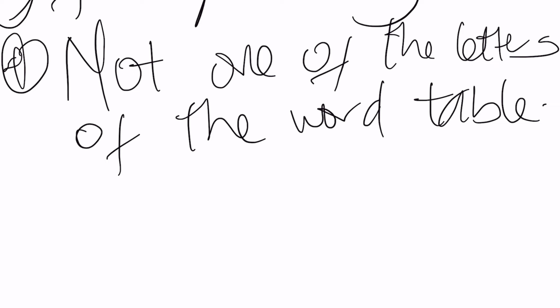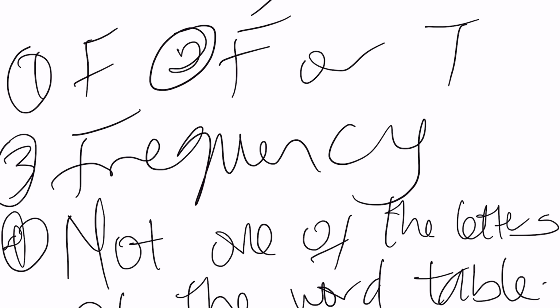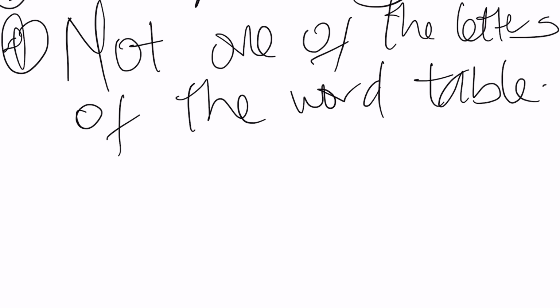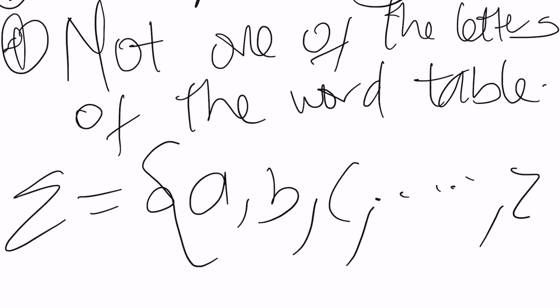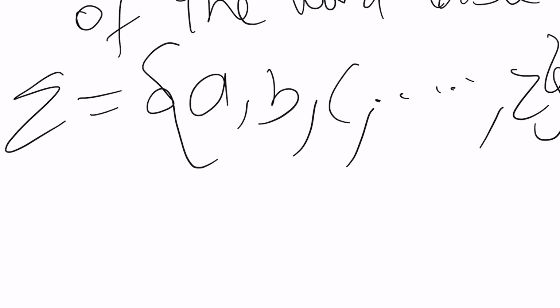Now to solve this, we have that a letter is chosen at random from the alphabet. So we have the alphabet to be A to Z. And we know that the number of letters in the alphabet is 26.